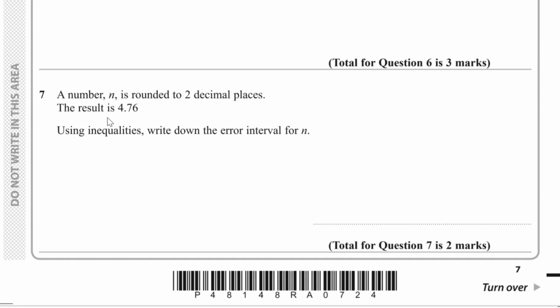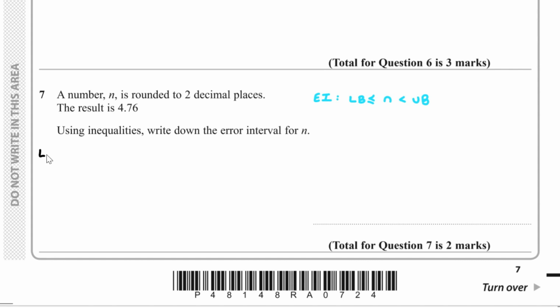Question number 7. A number n is rounded to 2 decimal places. The result is 4.76. Using inequalities, we have to write down the error interval for n. For the error interval, we've got the lower bound, which is less than or equal to n, which is less than the upper bound.